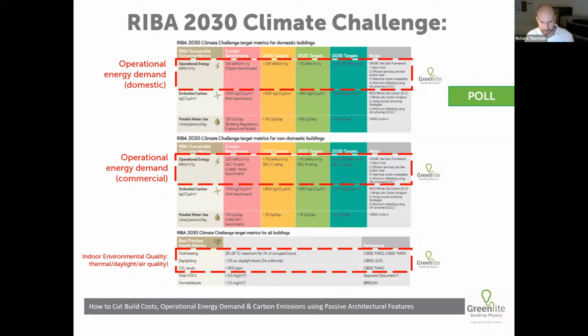So I'm just going to take another poll. We won't be taking too many more polls. This is just the second. And I just want to get a feel for how many of you are keen to take up this RIBA challenge. So I'll just quickly launch that now. Will only be applicable to RIBA members, obviously.